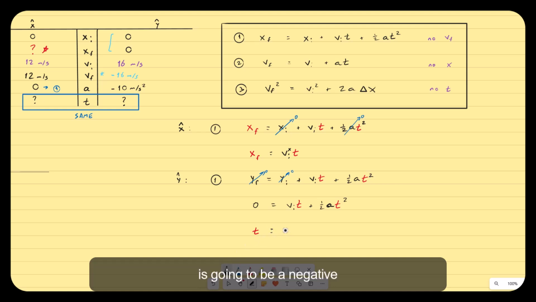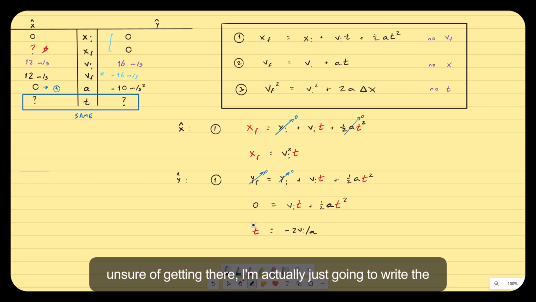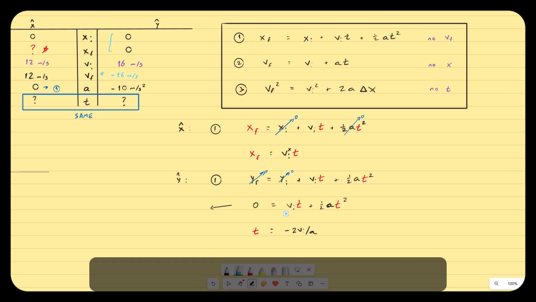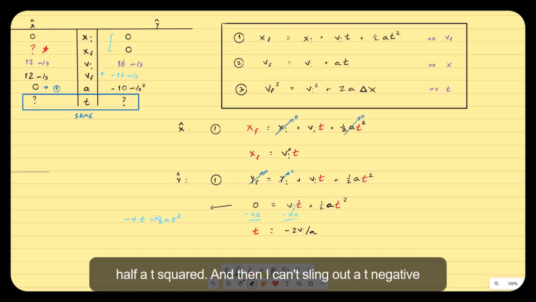t is going to be negative 2 v initial over a. If you are unsure of getting there, I'm actually just going to write the steps in between on this one. So I am subtracting v initial t from both sides. That gives me negative v initial t equals half a t squared, and then I am canceling out a t.